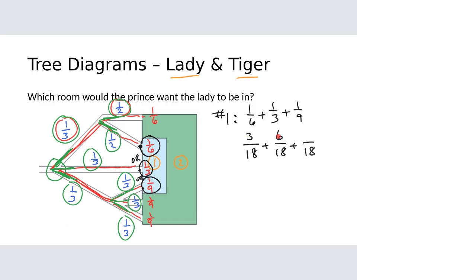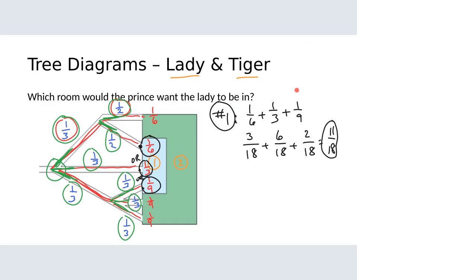And what we're saying there is that 1/6 has the same value as 3/18. 1/3 has the same value as 6/18. And then multiply denominator by 2, multiply numerator by 2. And now that they have a common denominator, we can add those. 3 and 6 is 9. That will be 11 out of 18 is the probability of ending up in room number 1.